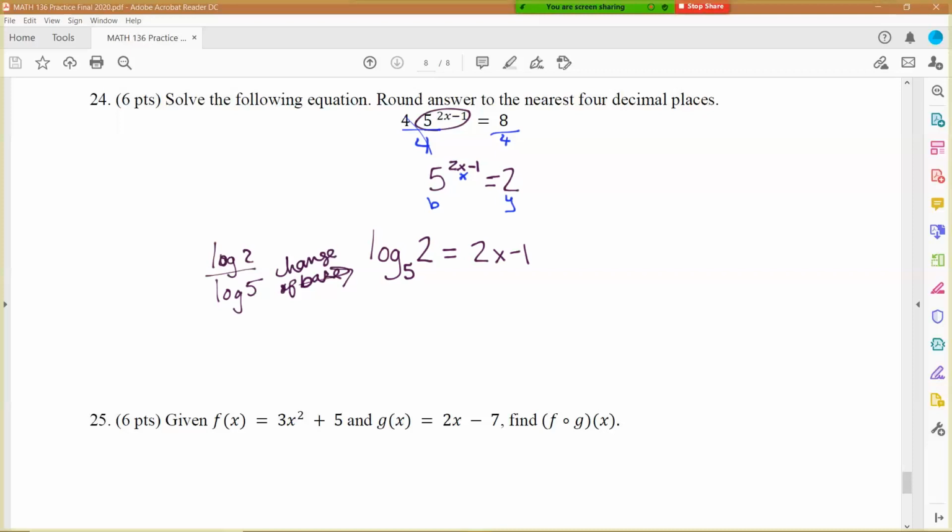So in my calculator, it's telling me 0.4306. Technically that would round to a 7, whatever. So your decimal approximation equals 2x minus 1. Then I would add the 1 to both sides.